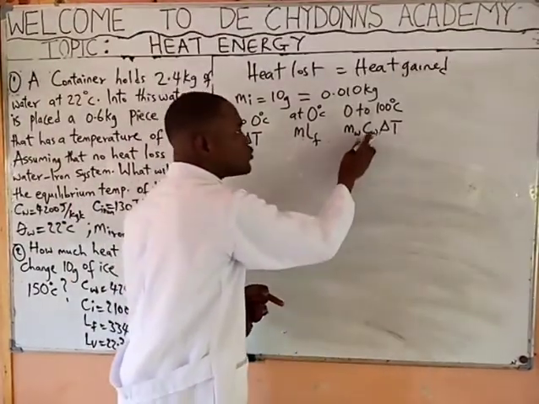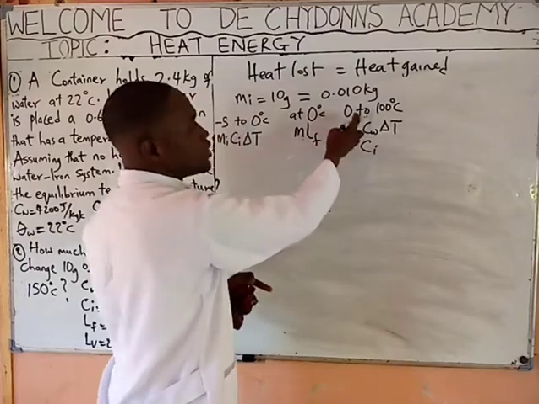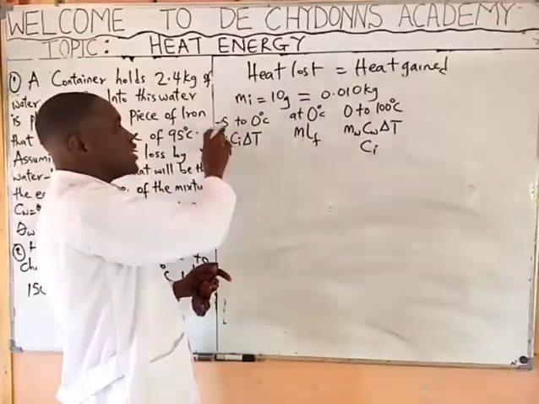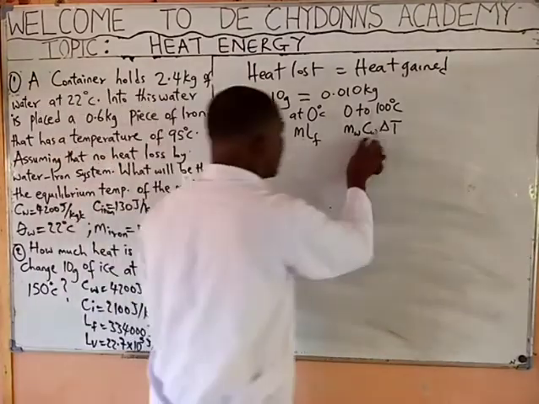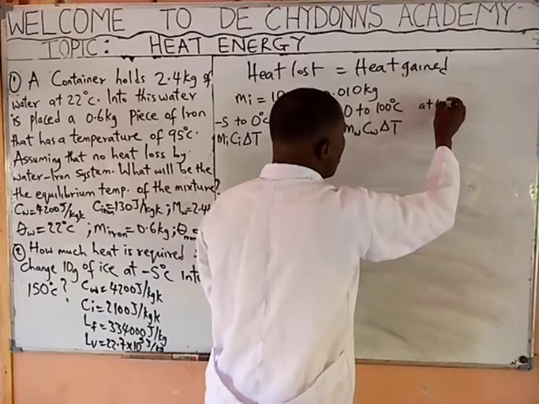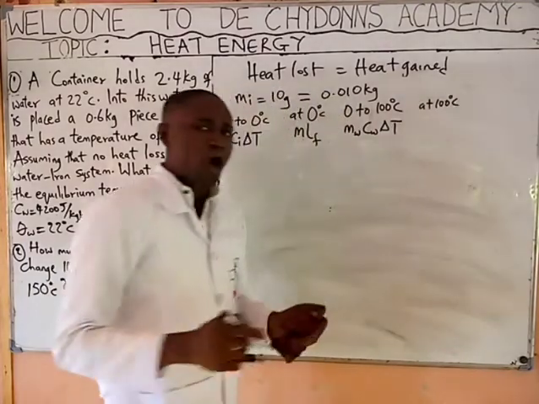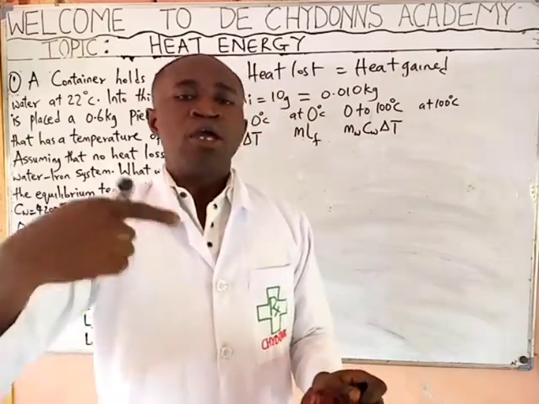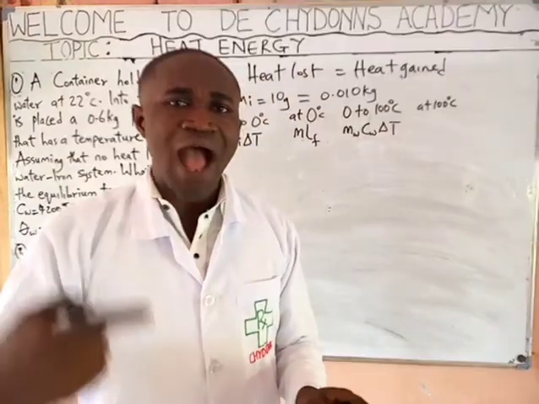You will not use specific capacity of ice because it's not in water form. We use specific capacity of ice here because it is in ice form. Okay? Then after moving from 0 to 100, at 100 degrees Celsius, as far as it is pure water, the latent heat of vaporization will act on it.